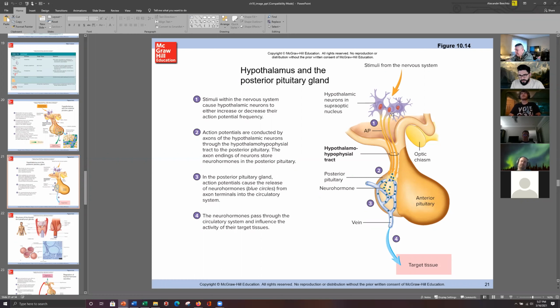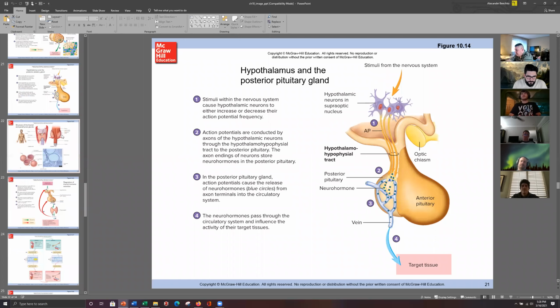That's the action potential. The telodendria contain the hormones that are released via an action potential into the posterior pituitary gland, which then make their way into the circulatory system.